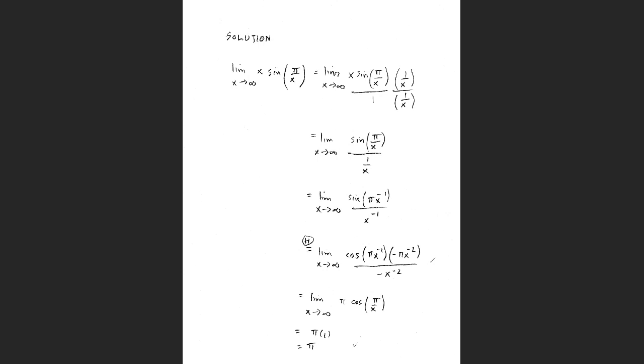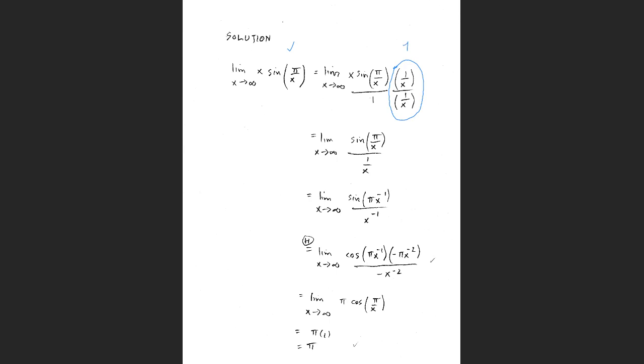So okay, here we are. We have the limit as x goes to infinity of x times the sine of pi over x. What I'm going to do is multiply by 1 over x on the top and 1 over x on the bottom. I'm not changing the limit because 1 over x divided by 1 over x is equal to 1.